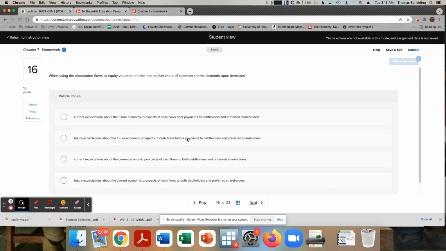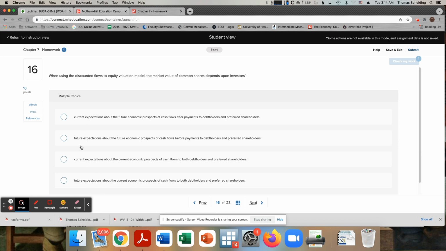So it can't be this option, nor can it be. Sorry, I'm just reading the question a little bit closer here. It can't be this option because if it's before those payments to debt holders and preferred shareholders, it can't be about your future expectations. Discounted cash flows are not about future expectations. So it can't be this option nor this option. So now we're stuck with these two options.